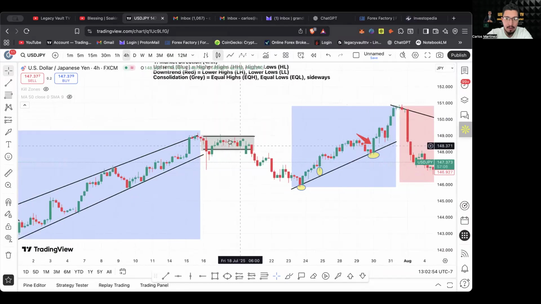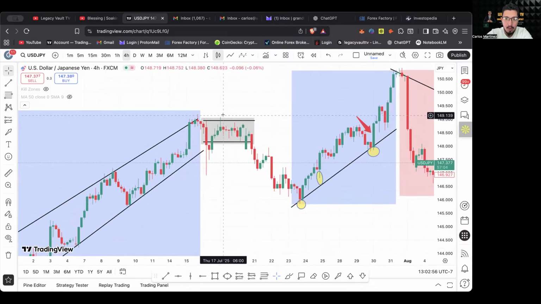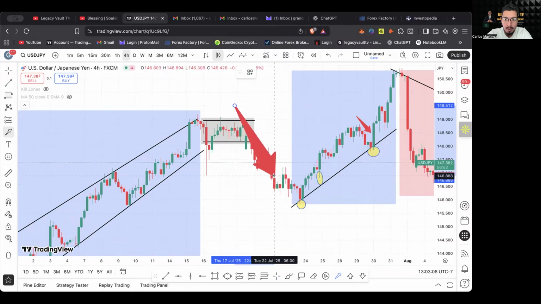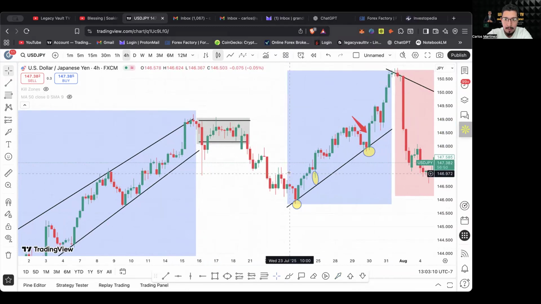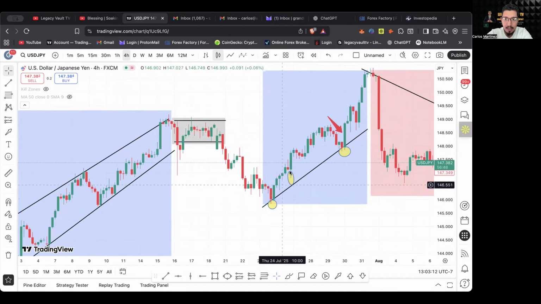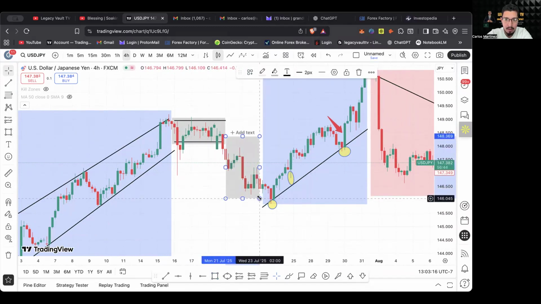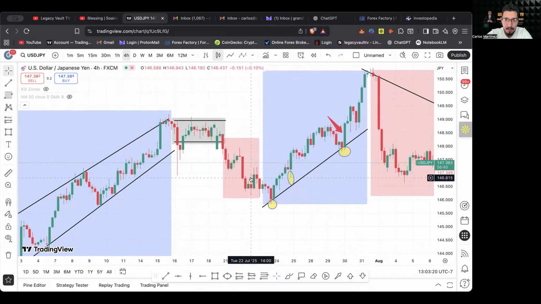Here we have a consolidation because we have equal highs and equal lows. Price hasn't broken above. Instead, it broke below on a slight downtrend, and then it resulted in an uptrend move.